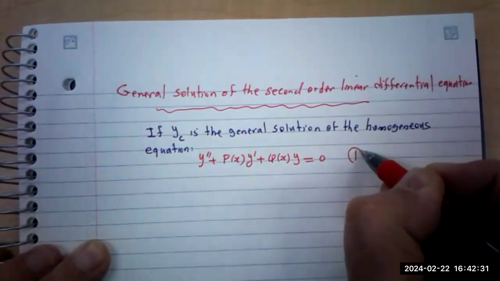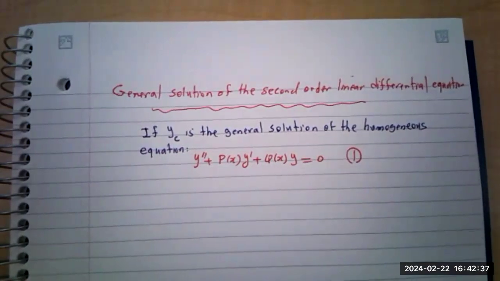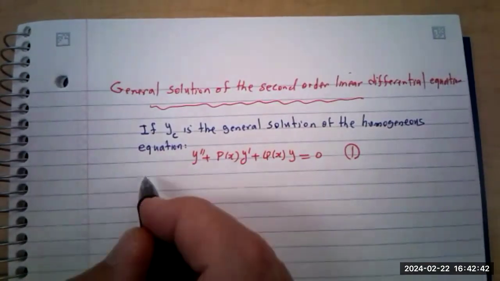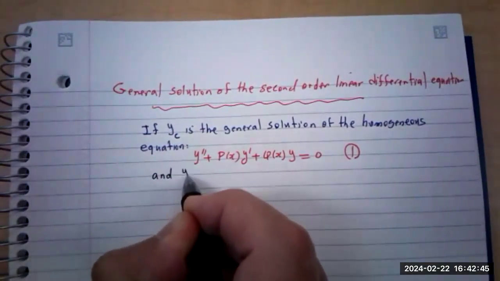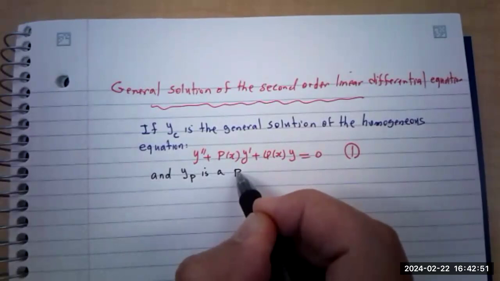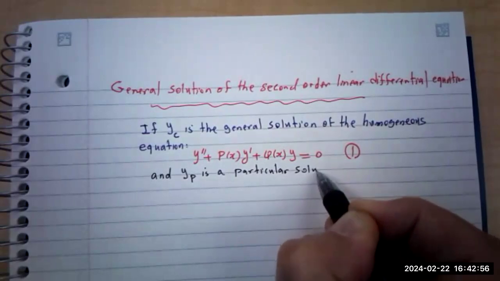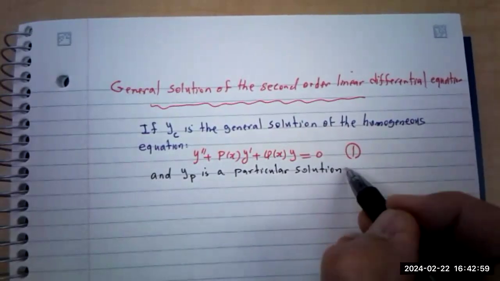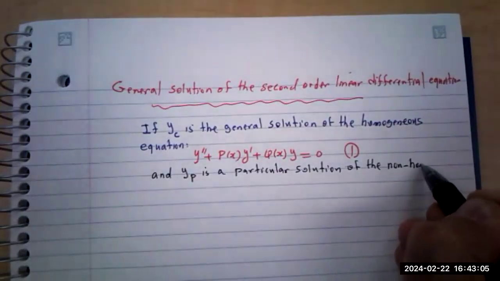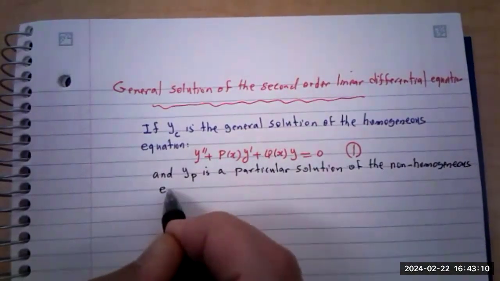Remember equation number one, equation number two. It doesn't matter; in this case, we call it number one. If yc is the general solution of the homogeneous equation, and yp is a particular solution of the non-homogeneous equation.